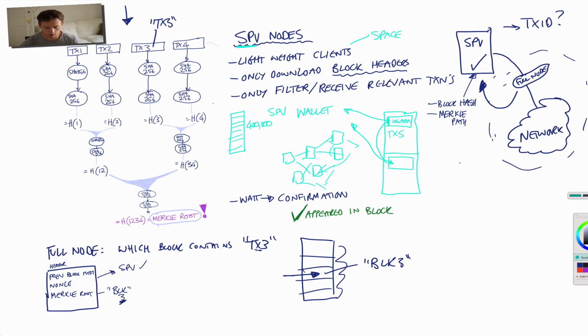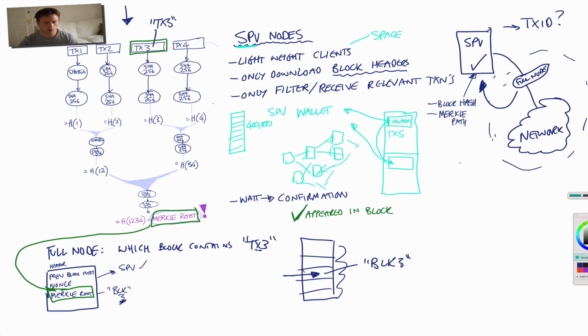The full node says, okay, here is the transaction that we are trying to prove lives in this block, block 3. And we know that the Merkle root of this block is this value here.